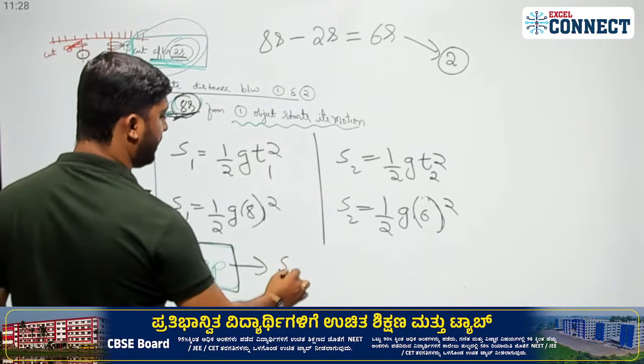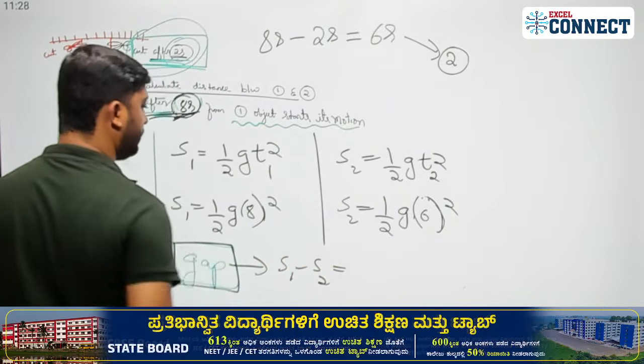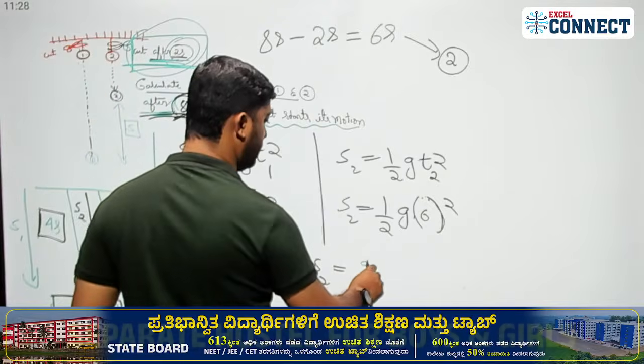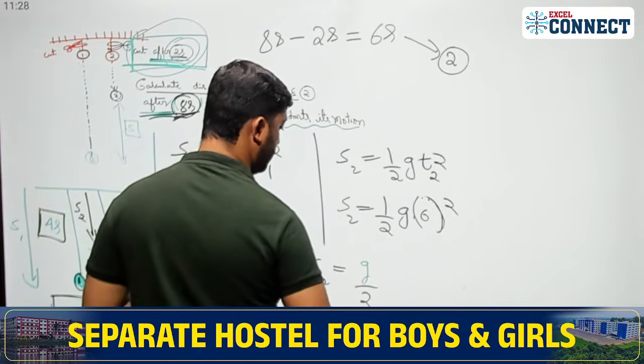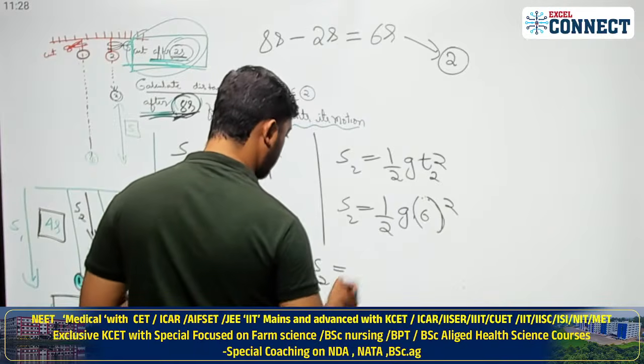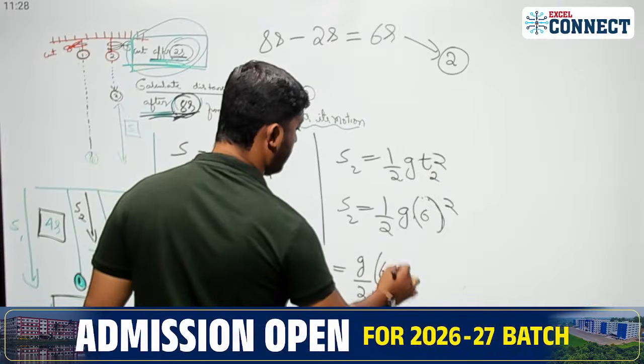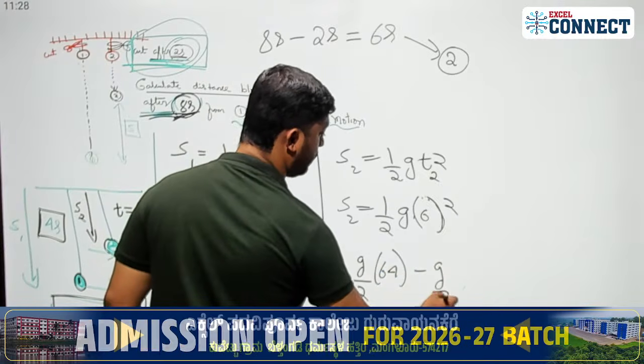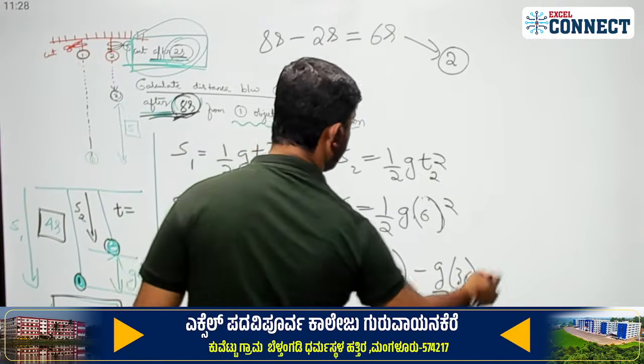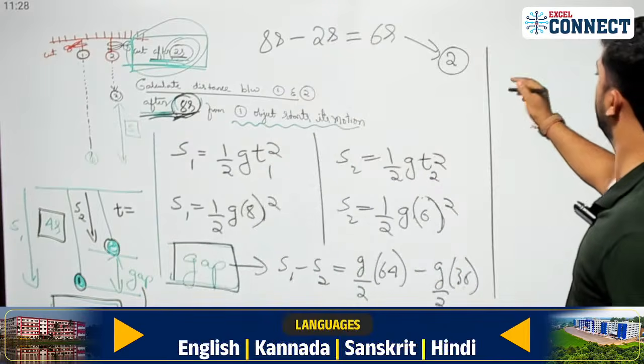Gap is S1 minus S2. So this is G by 2, 64 minus G by 2, 36. So what is the gap?